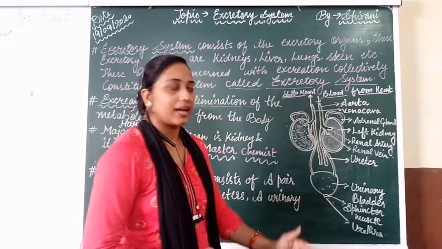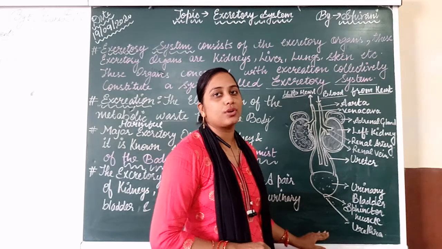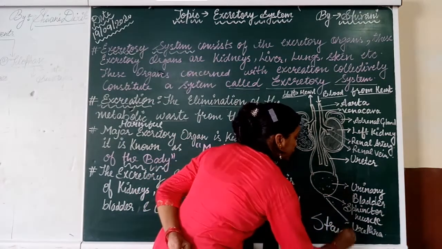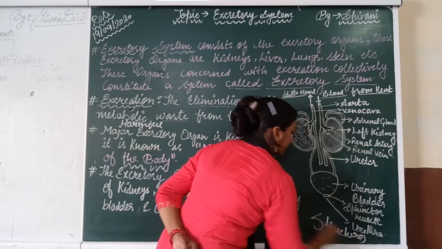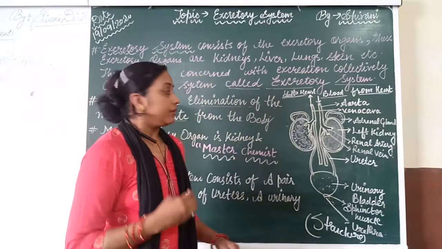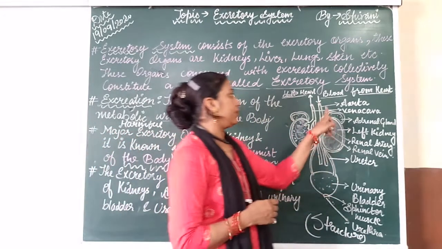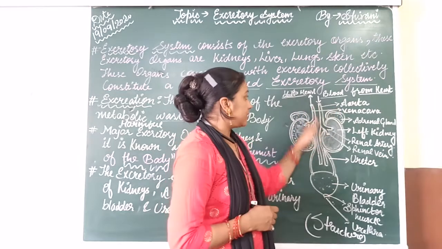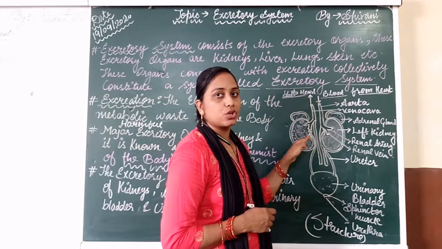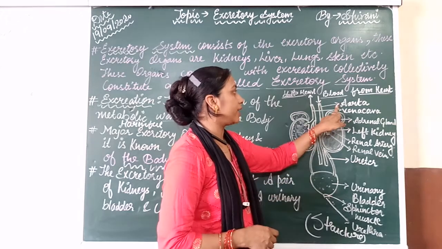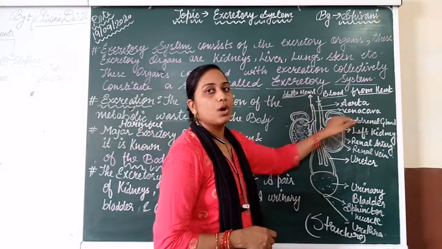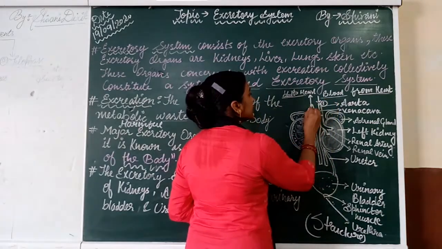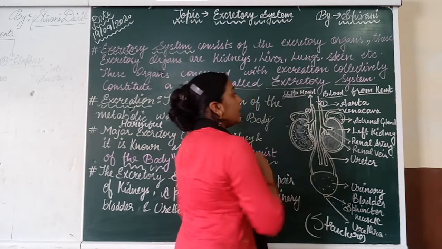Now have a glance over the structure of the excretory system. As we are observing here, there are two tube-like structures. One is the aorta and the second is the vena cava. This is number 1 and this is number 2.